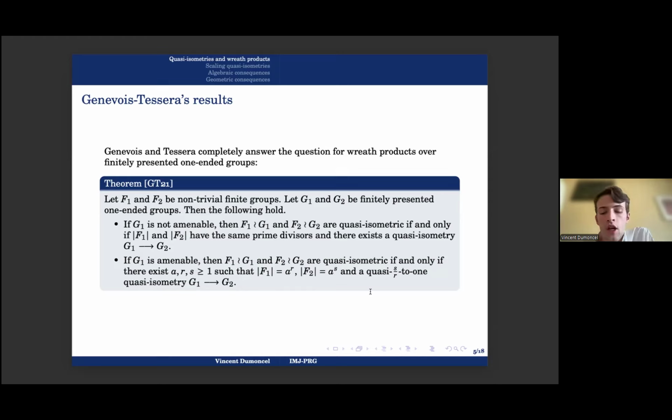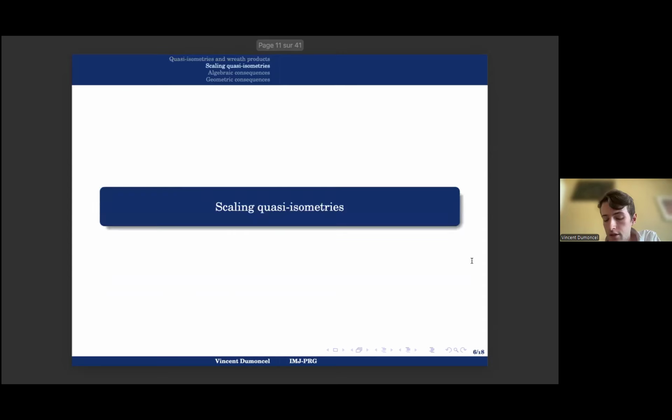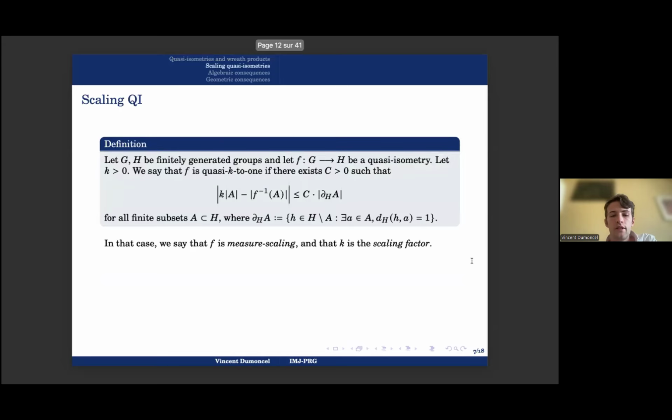Okay. So now it is this terminology in the statement that I want to explain with some details. It is what is called a scaling quasi-isometry. So the idea is to say that a map between two finitely generated groups, a quasi-isometry between two such groups, is quasi k to 1 if you have this condition.